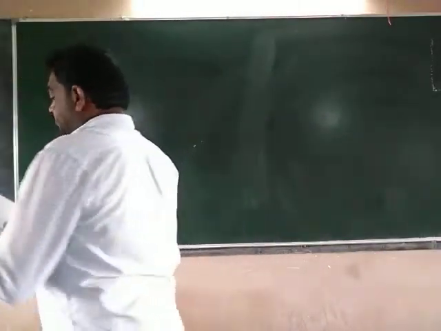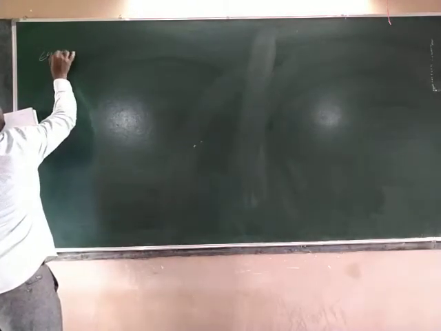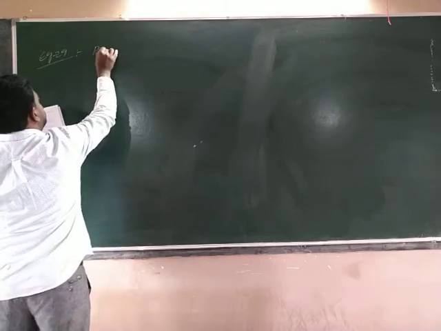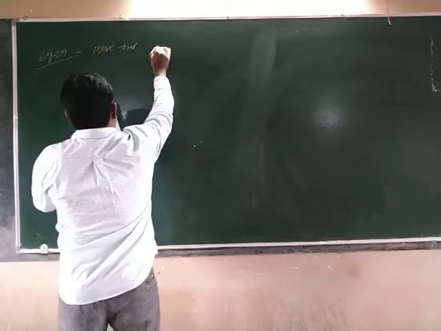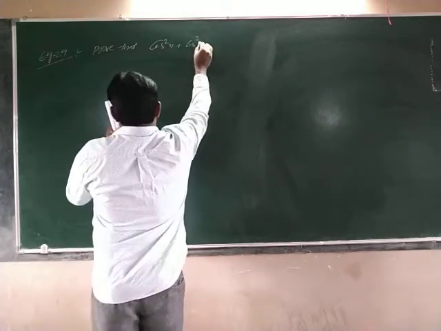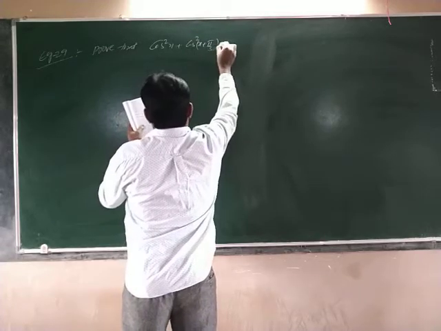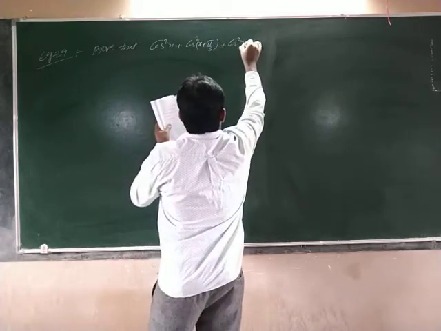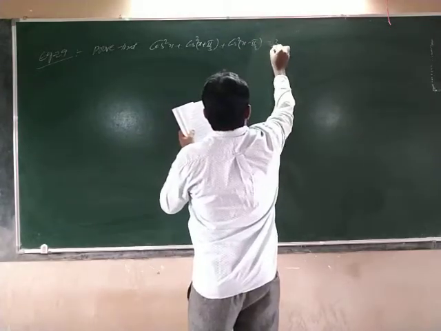Prove that cos square x plus cos square x plus pi by 3 plus cos square x minus pi by 3 is equal to 3 by 2.